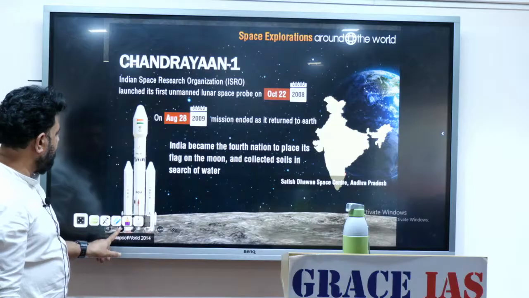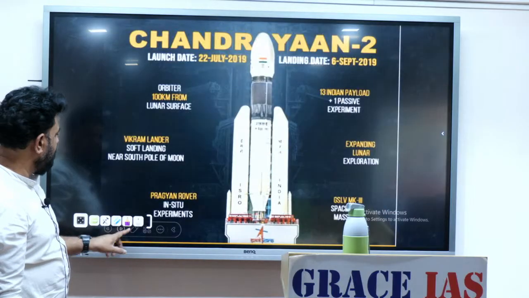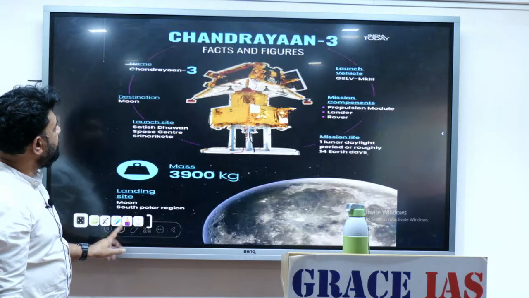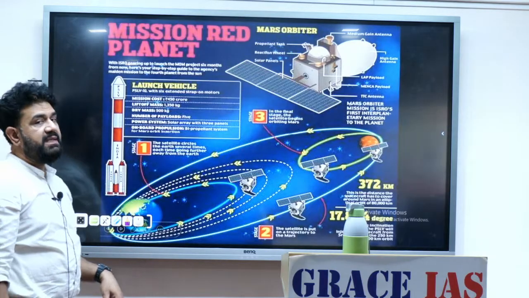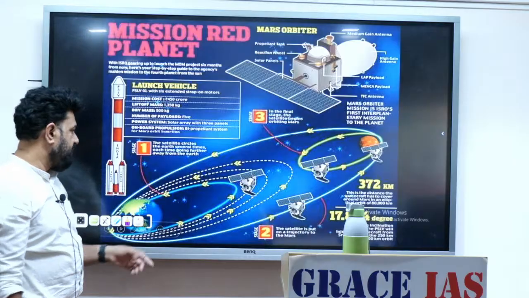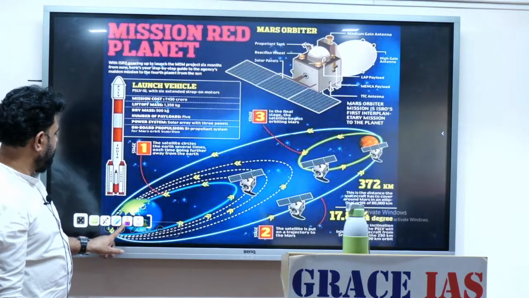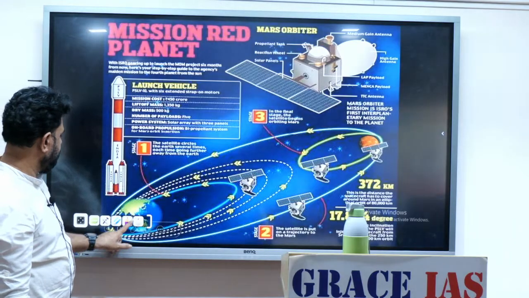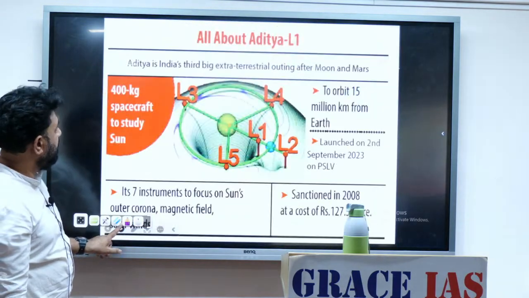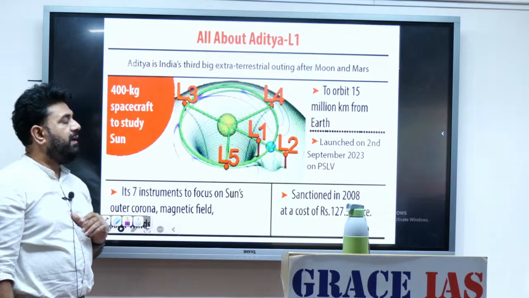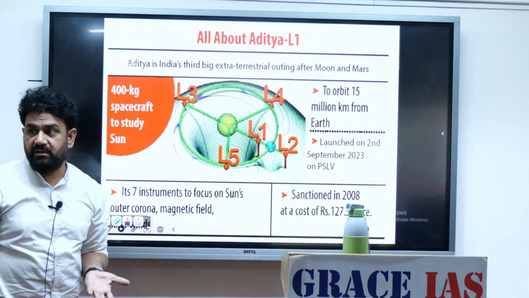Chandrayaan 1, older ones, and Chandrayaan 2, and we have Chandrayaan 3. And Mars mission, Mangalyaan. Next, Aditya L1, India's solar mission.